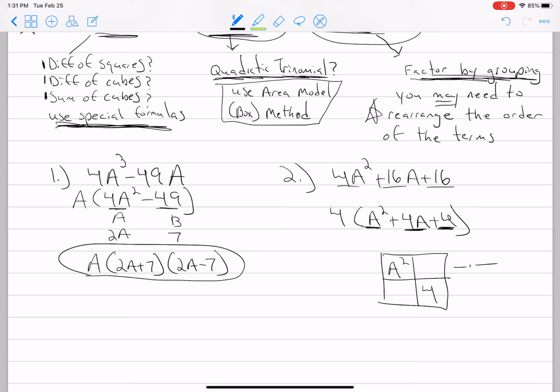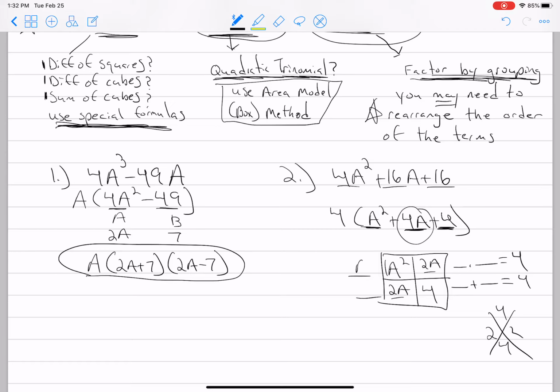I know blank times blank. These 2 boxes times each other should equal the same as this diagonal, which is 1 times 4, which is 4. And I know those 2 boxes, blank plus blank, should equal the middle term, which is 4. So what 2 numbers can I add to get 4 and multiply to get 4? 2 and 2. This is a 2a, and this is a 2a.